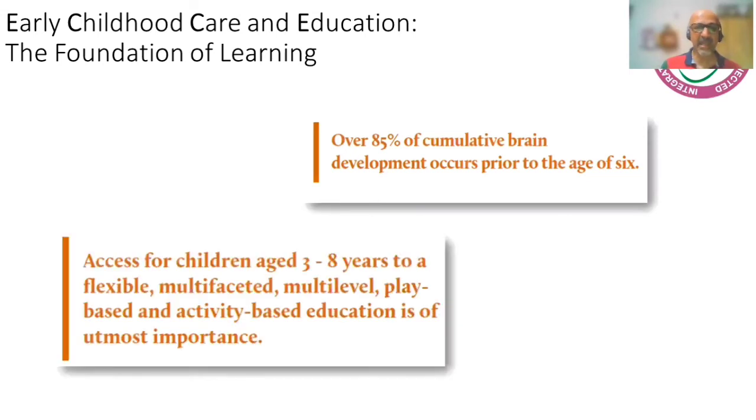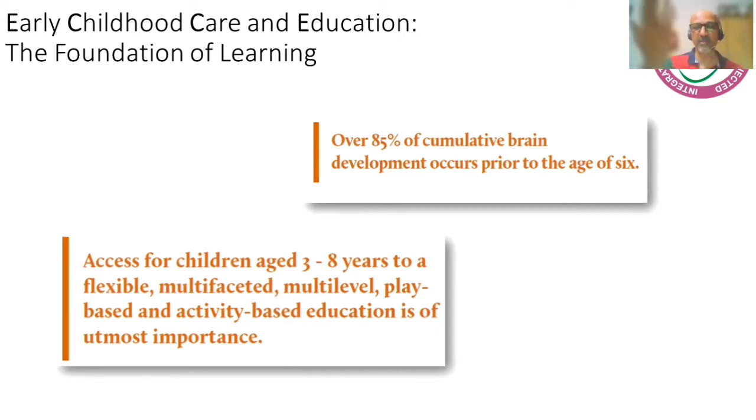Well, if that is the case, then what is to be done is access for children aged 3 to 8. They have increased it by another 2 years. That's okay. 3 to 8 years, a flexible, multifaceted, multi-level, play-based and activity-based education is of utmost importance. Now, why is it important?